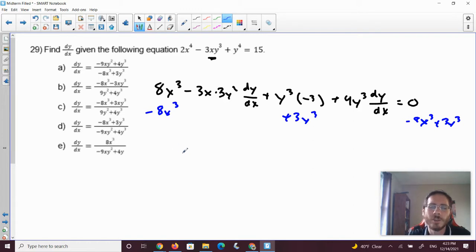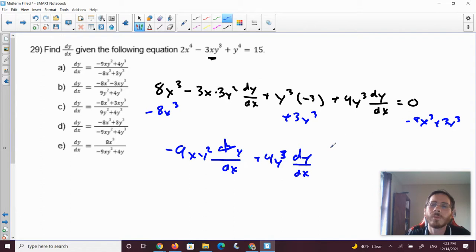So all the x's are going to go first in this case, which is going to be a little odd with the signs, but that's all right. So we got negative 9xy squared dy dx plus 4y cubed dy dx equals negative 8x cubed plus 3y cubed.